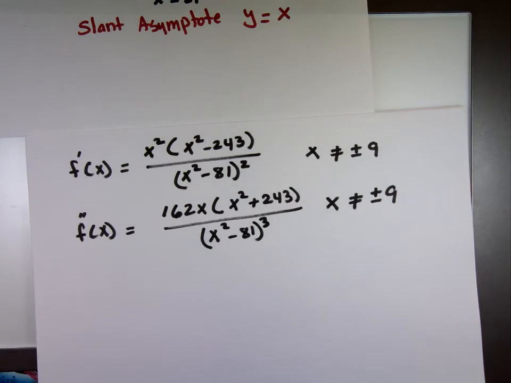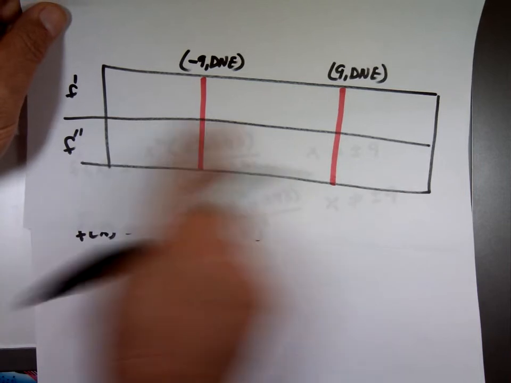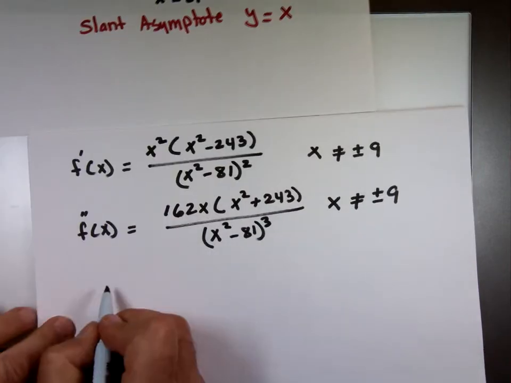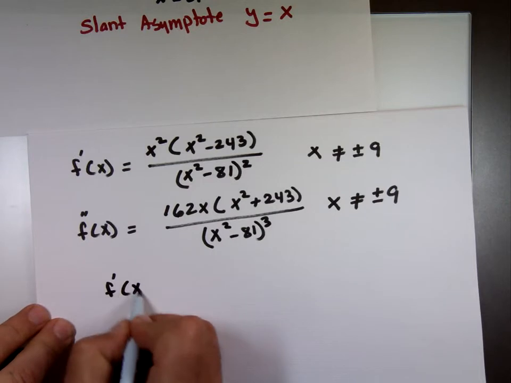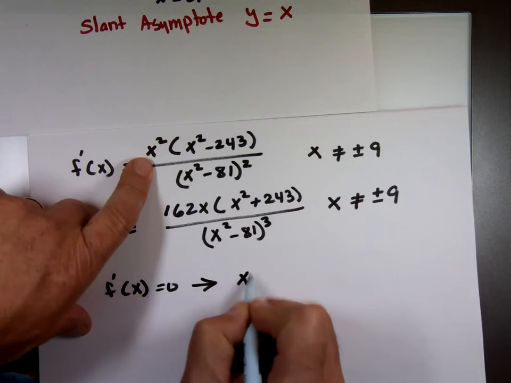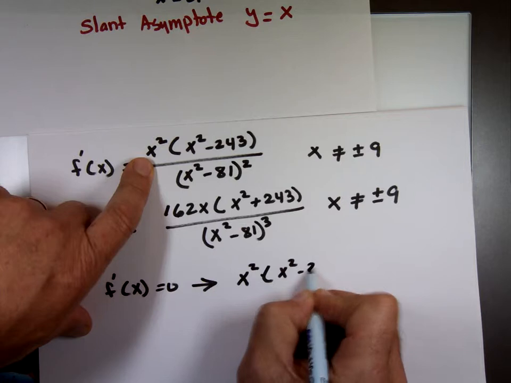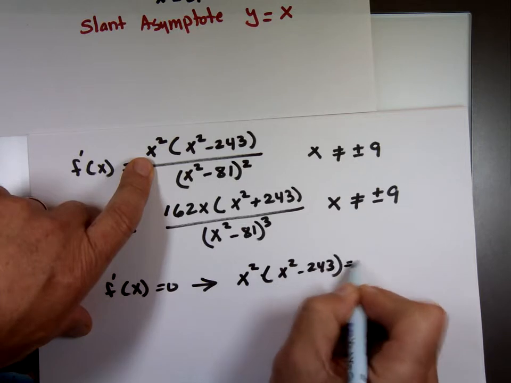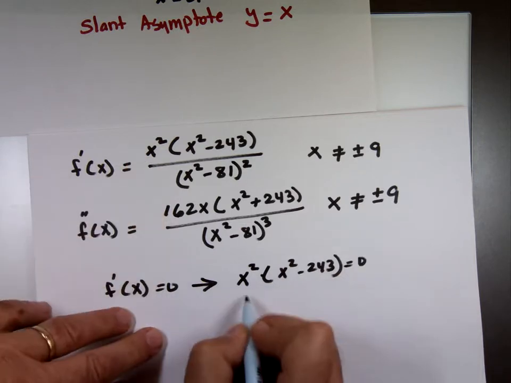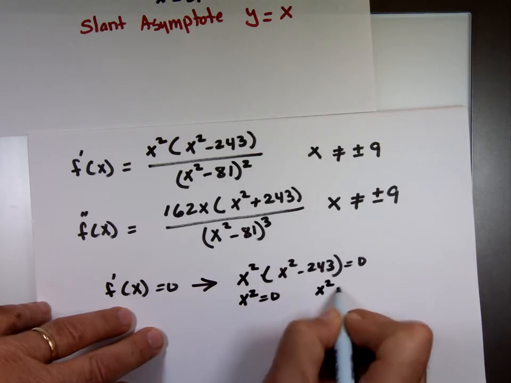Now let me finish the boxes and let's look at the first derivative. Where is the first derivative undefined? The x-intercept, all the good stuff. So the first derivative is equal to 0 where? When the top of that is equal to 0, that means x squared has to be 0, or x squared minus 243 has to be 0.